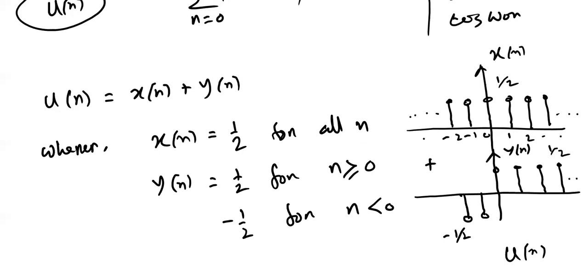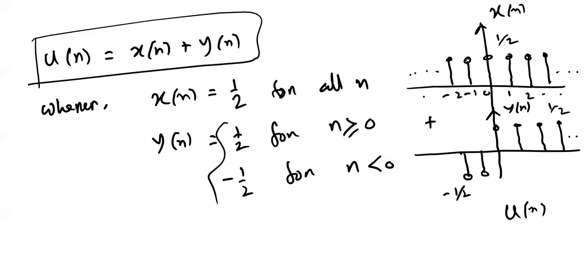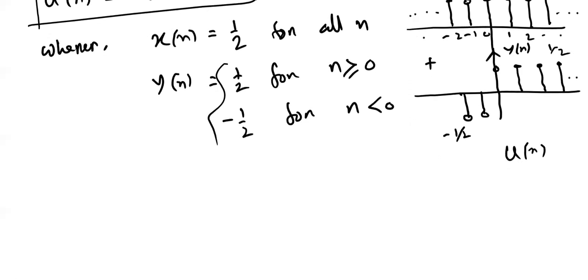So it has been shown that u[n] is equal to x[n] plus y[n], where x[n] is half for all n, and y[n] is half for n at least 0, and minus half for n less than 0. Now from our past experience, if we shift y[n] by one sample, you can follow what I am writing here: y[n minus 1].